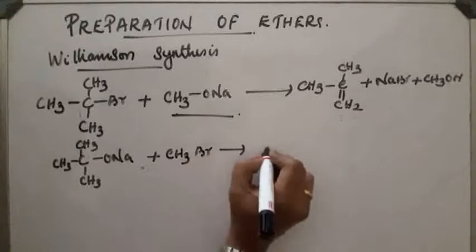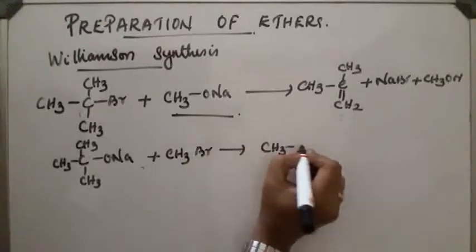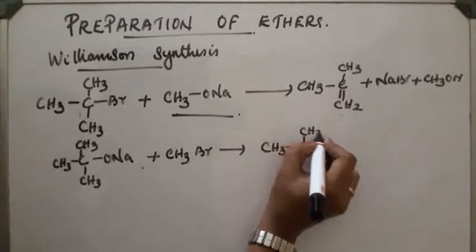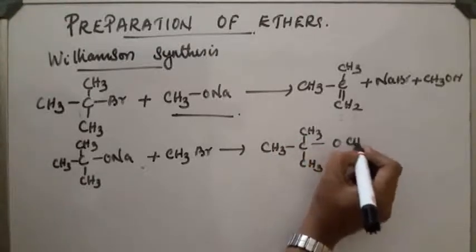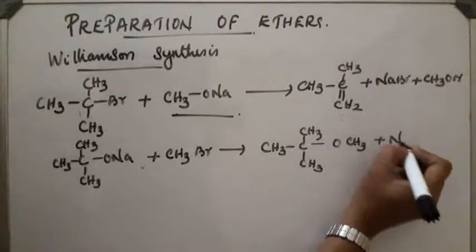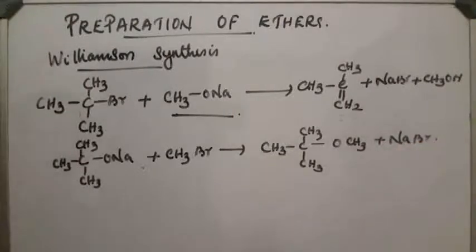The product obtained will be an ether, (CH3)3COCH3, plus NaBr. So from this we can see that always primary halides give better results in this reaction.